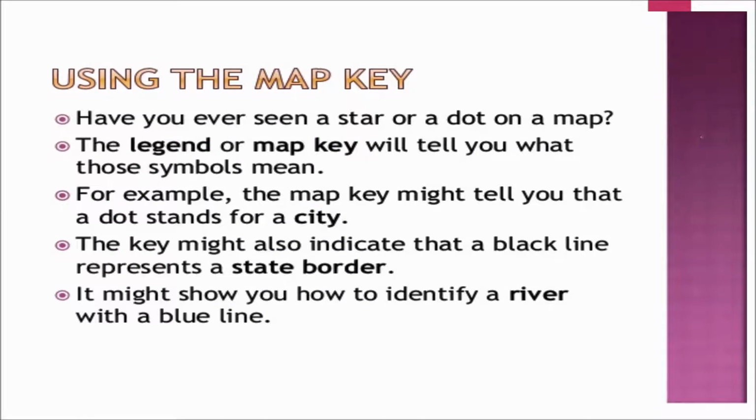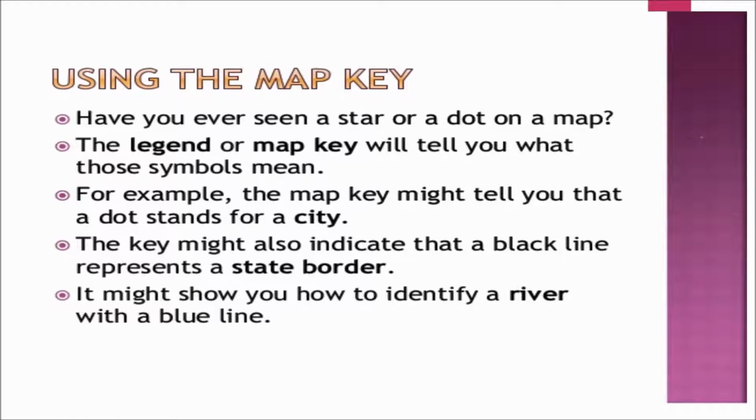Using the map key, have you ever seen a star or dot on a map? The legend or map key will tell you what those symbols mean. For example, the map key might tell you that a dot stands for a city. The key might also indicate that a black line represents a state border.